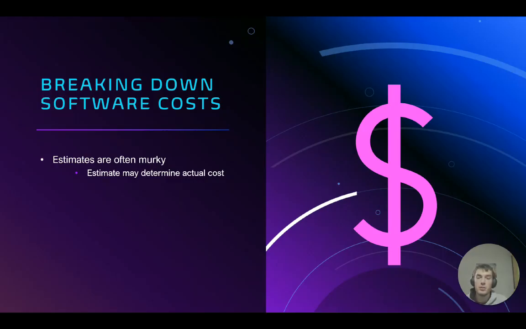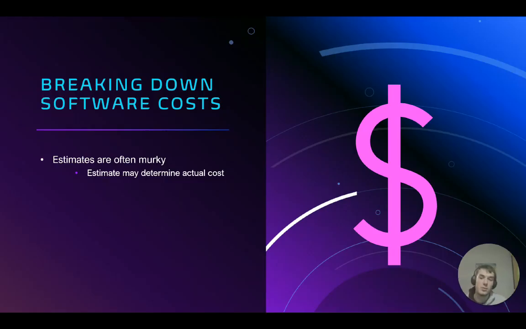Especially with models that de-emphasize big upfront planning, for instance, the agile model, it's going to be really hard to pin down the extent of a software engineering project and the budget that you are going to actually spend on that project. And so often what will happen is that the estimate determines the budget rather than the actual cost of the software determining the estimate. The estimate kind of is self-fulfilling for the price of the project.